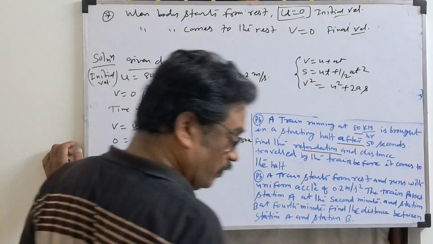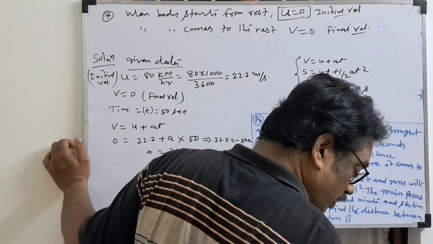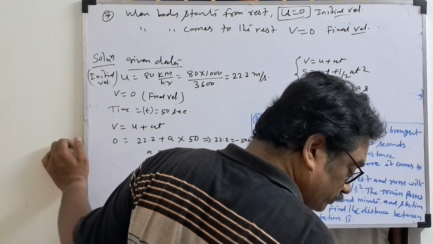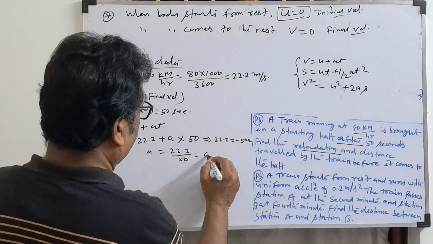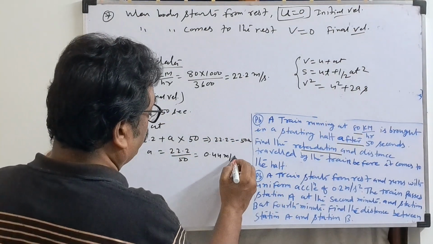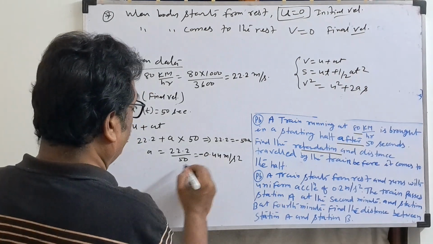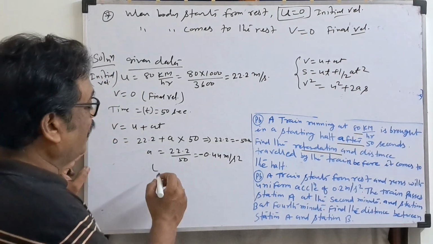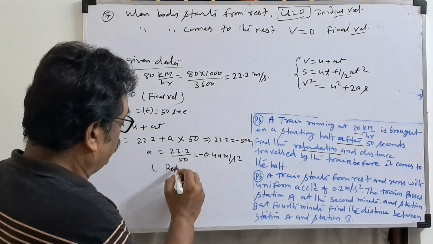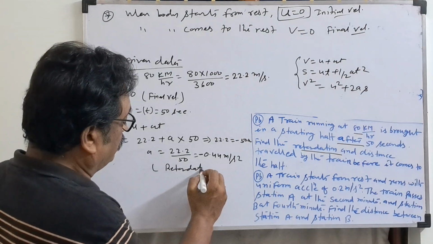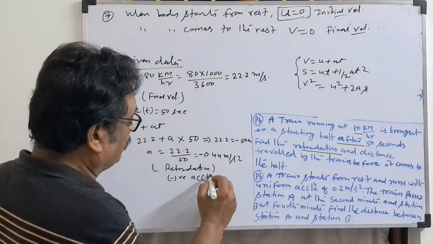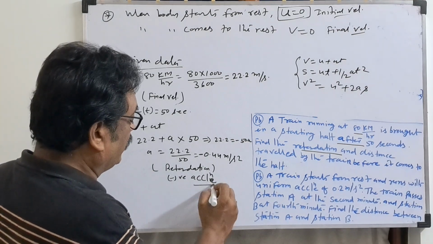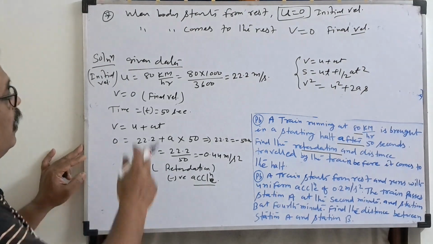If you calculate, the answer will be 0.44 meter per second square. It will come negative, and negative acceleration is known as retardation. So we got the retardation.